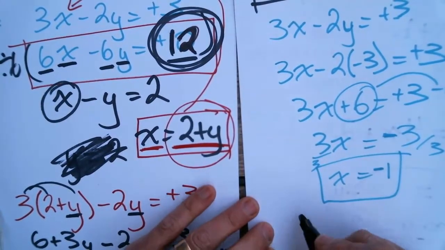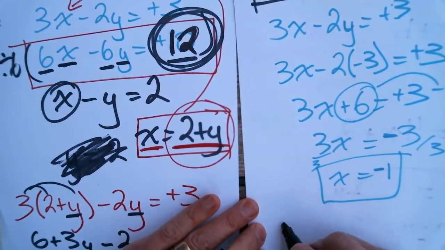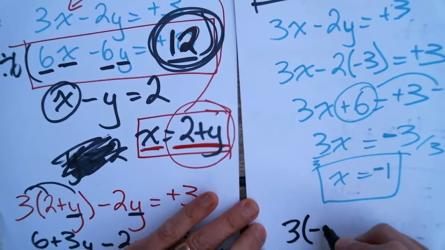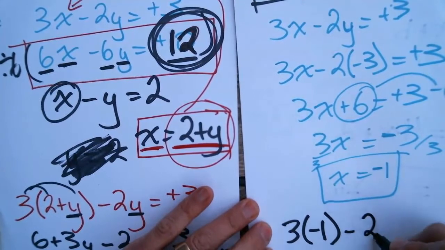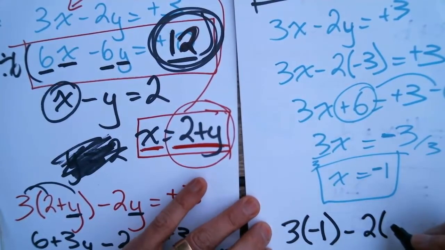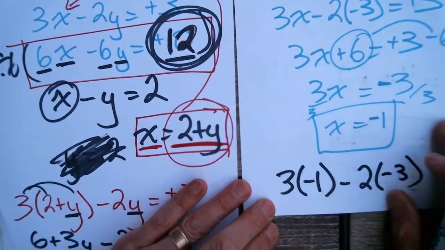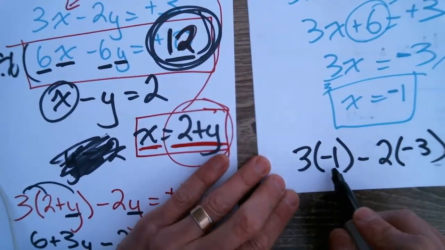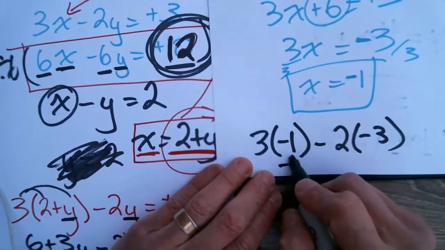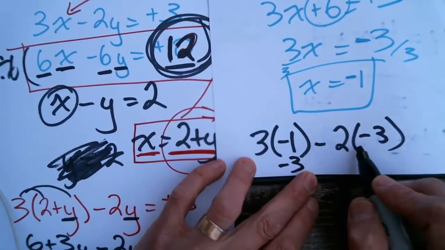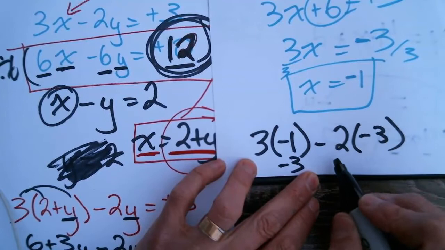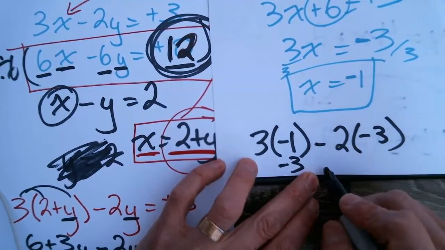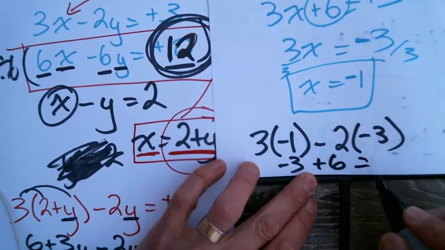We still got to make sure it works. So here we go. We go 3 times negative 1 minus 2 times, what's my y? Negative 3. 3 minus times negative 1 is negative 3. A negative and a negative. So this is negative 2 and negative 3, which is going to give me positive 6.